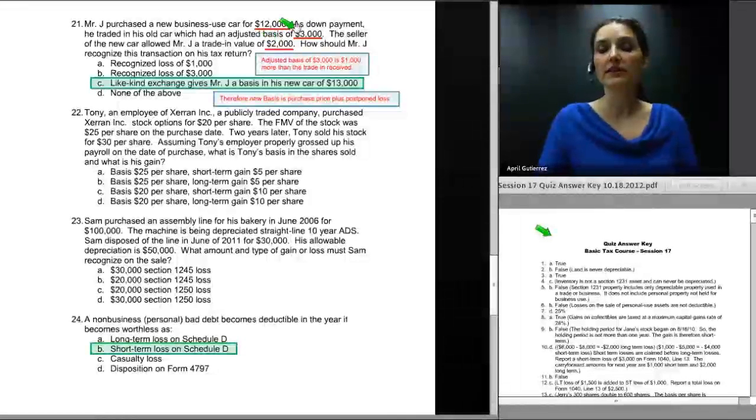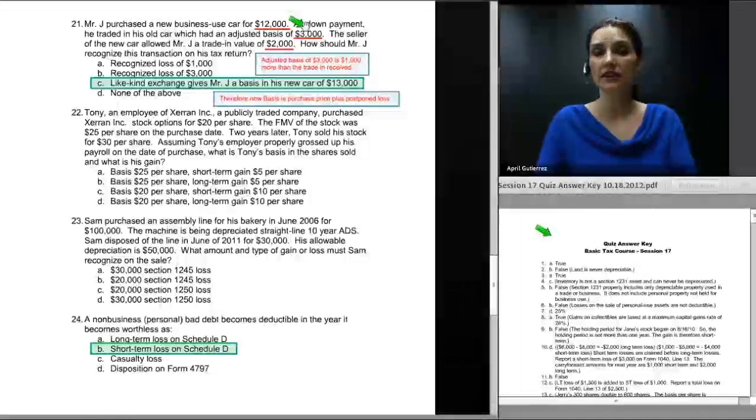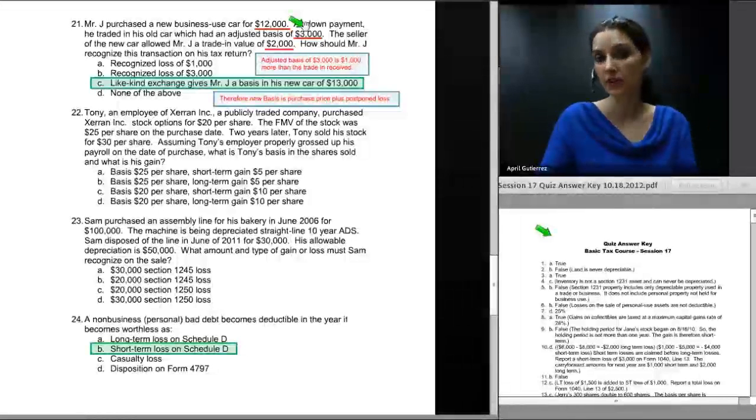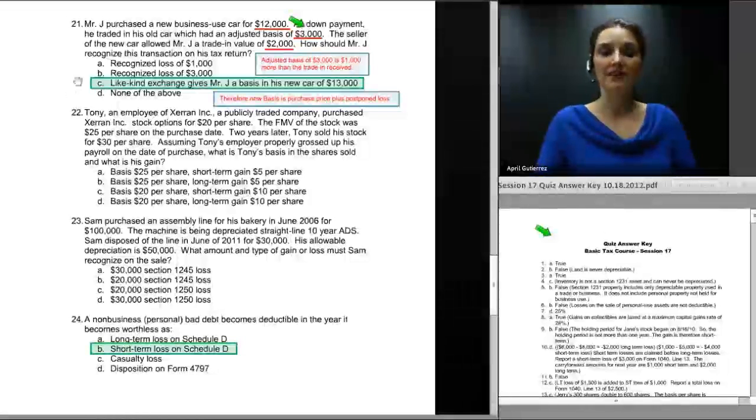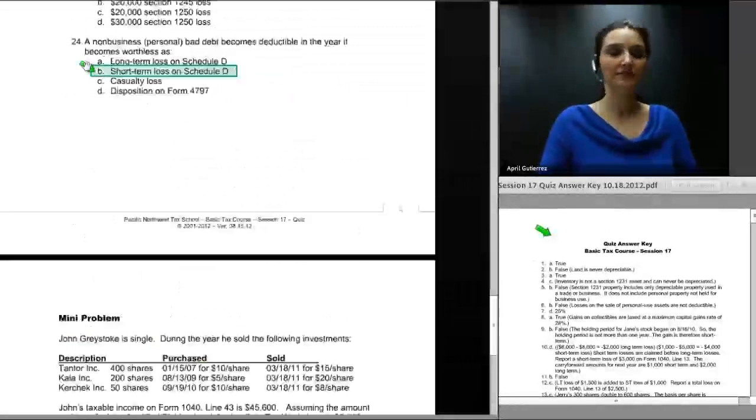So his cost is actually $10,000 higher than the trade-in they give on it, which means he's going to have to bring $10,000 to the table in the form of boot to perfect this transaction. Therefore, his cost will be his original $3,000 cost in the old car plus the $10,000 that he needs to bring to the table to acquire the new car, and it makes his cost basis in the new car $13,000, which is, of course, answer number C.